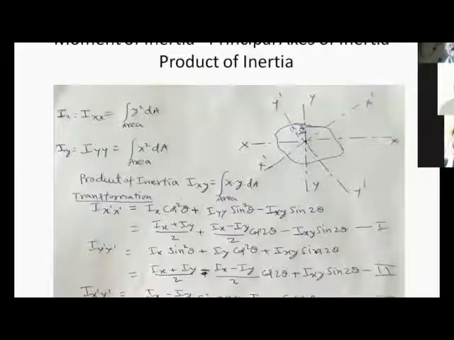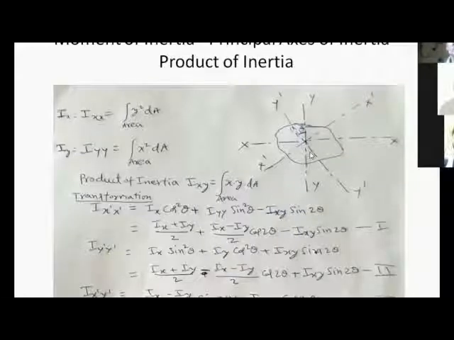If you want to find that, we take an arbitrary axis like this, which we call transformation, that is, rotation of the axis system. That is, xy is the original axis system. Now it is rotated by an angle theta to get x dashed and y dashed. So now you are transforming the xy axis to x dashed y dashed, which is inclined at an angle theta. So y dash is inclined at an angle theta with y.